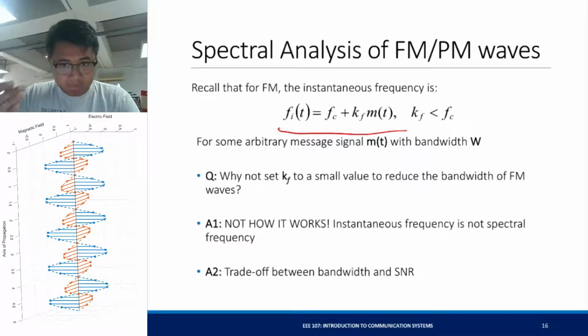But because you have a small sensitivity in frequency, you'll have a harder time to extract and demodulate your FM wave. We want KF to be large enough such that we are able to detect the FM wave using a frequency demodulator, or an FM demodulator. So there's a trade-off between them.